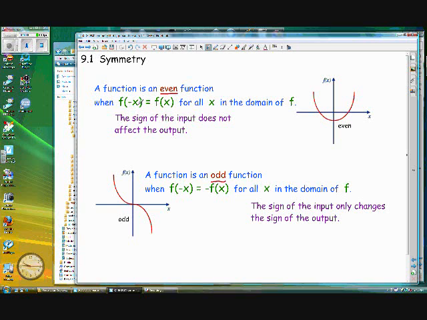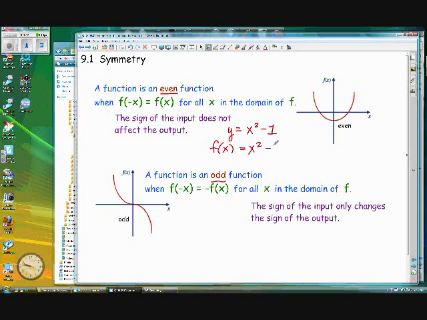Replacing an x with a negative x giving you the same output. Well, that's true with parabolas, isn't it? I mean, if we had, let's say, y equals x squared minus 1, let me write it with functional notation to be consistent here.